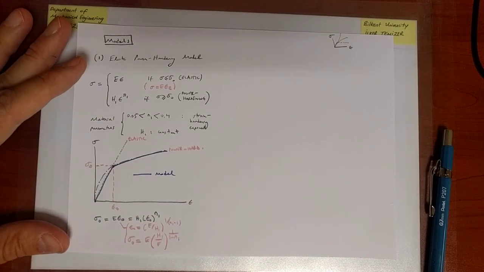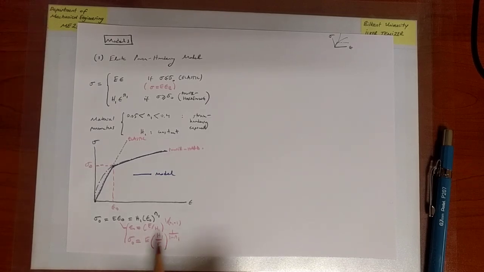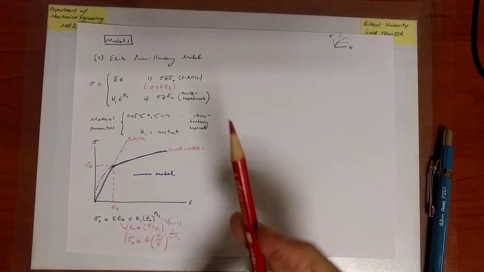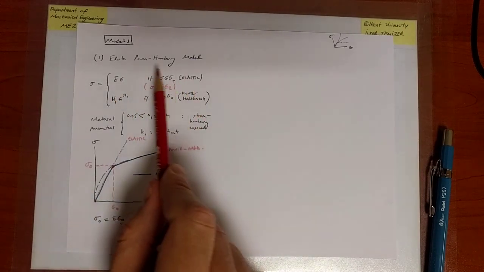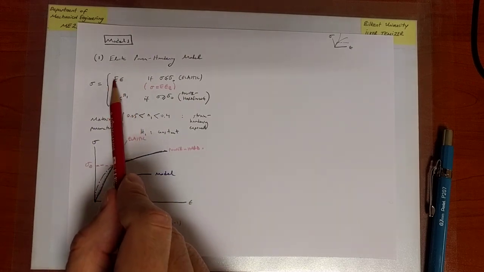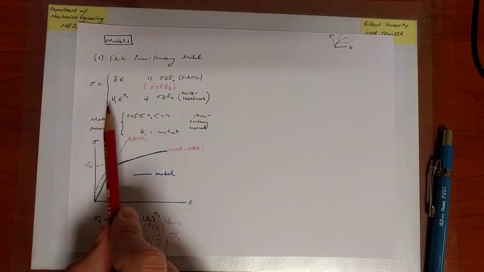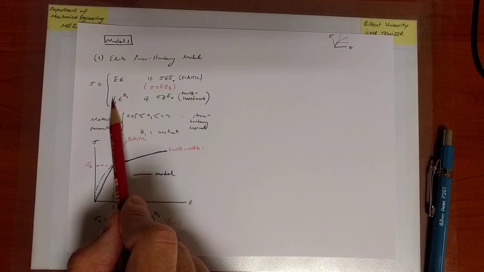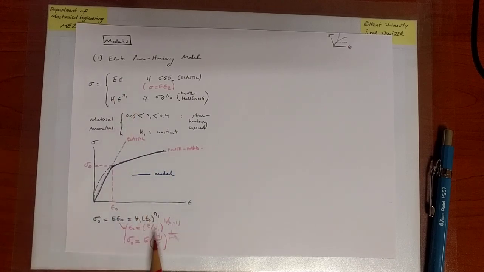Okay. So here what we see is an interesting outcome. We see that the yield strength of the material is not an independent modeling parameter. Young's modulus is something we need to determine. It's a material parameter. H1 and N1, if they are material parameters, then sigma naught is not.